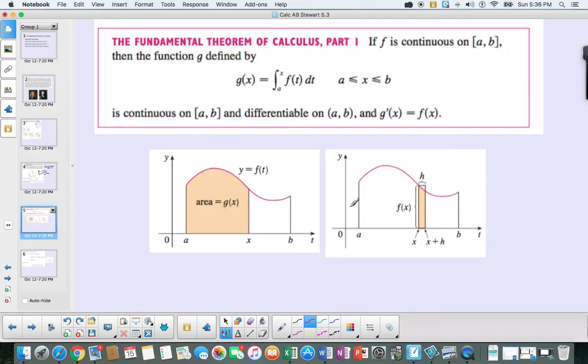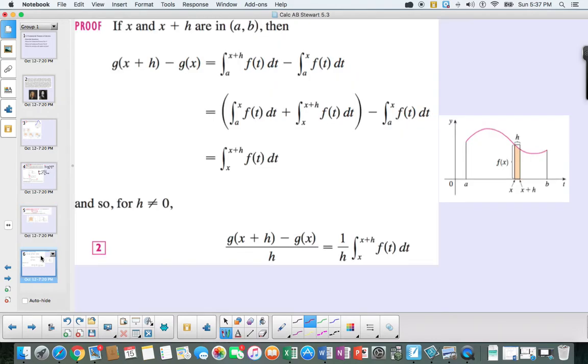Let's go through the proof again. Remember that this represents the area accumulation from a to x, and this represents a little difference between these two areas. We're going to take the difference between the two areas, which is the integral from a to x plus h minus a to x. Using properties of integrals, we're going to split it, going from a to x and x to x plus h.